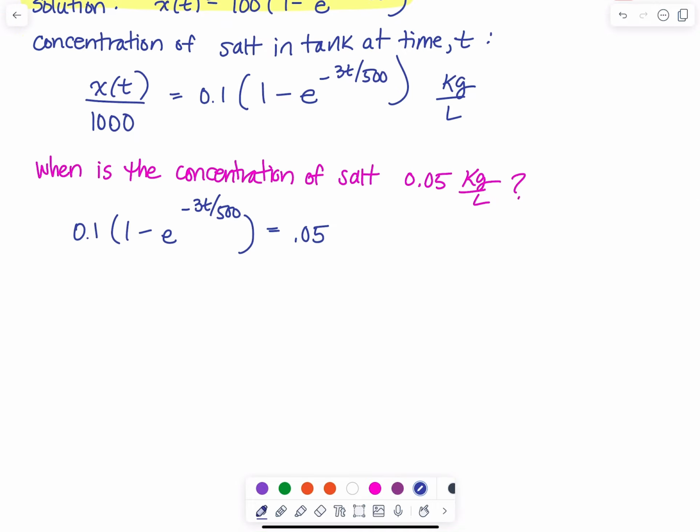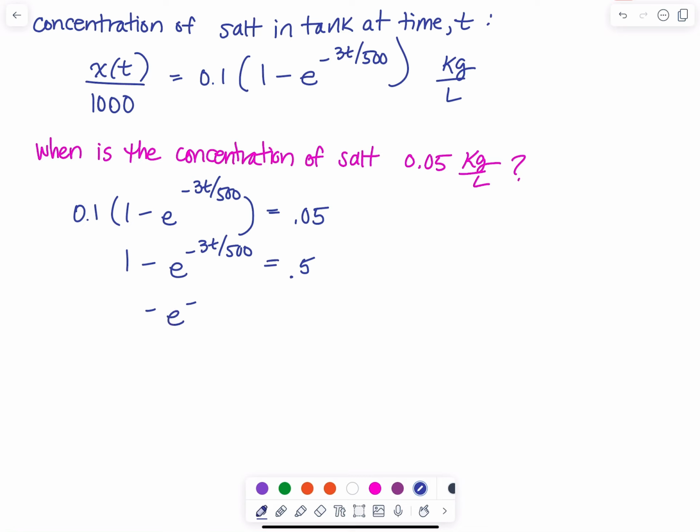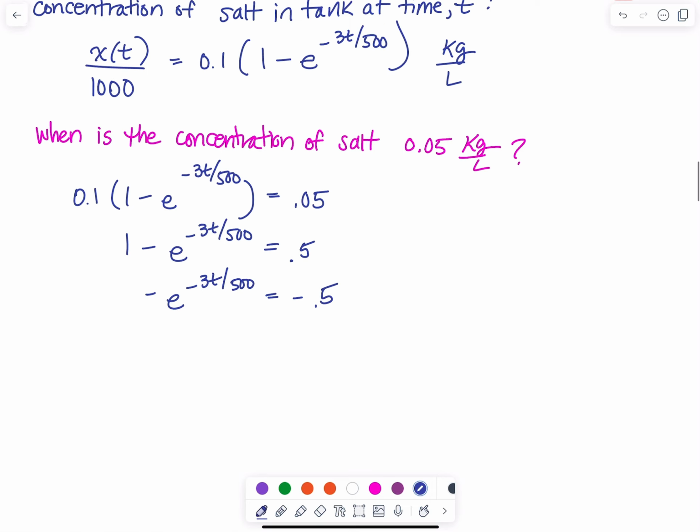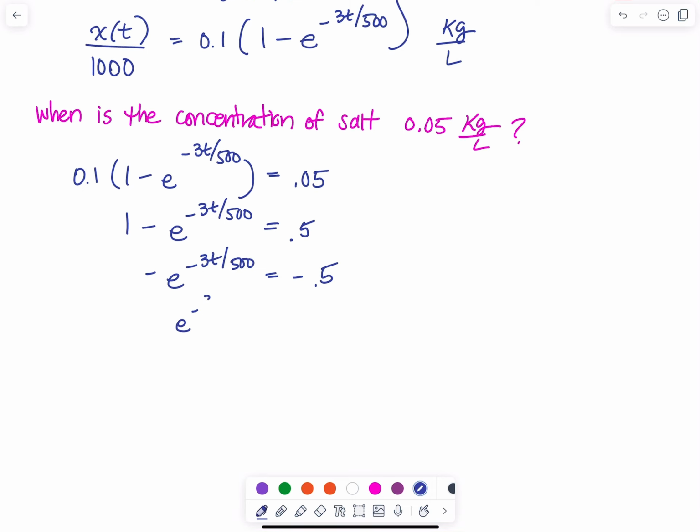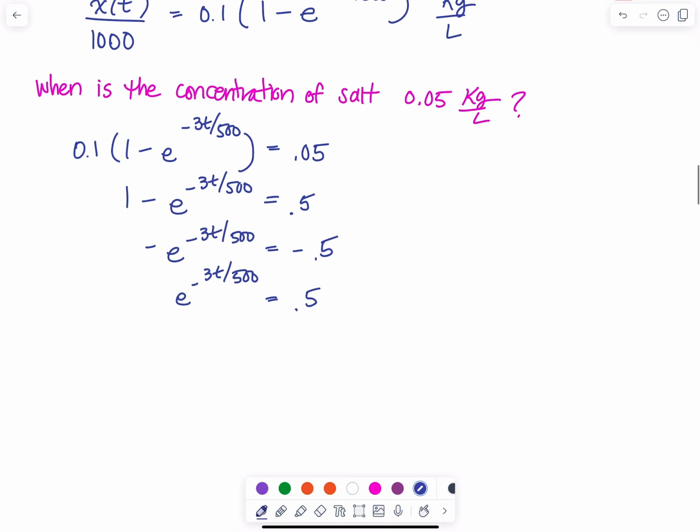And then we can go ahead and divide both sides by 0.1 and then subtract 1. So we have 1 minus e to the negative 3t over 500 is equal to 0.5, and then subtracting 1 from both sides, we have a negative 0.5, and then we end up with e to the negative 3t over 500 is equal to 0.5.